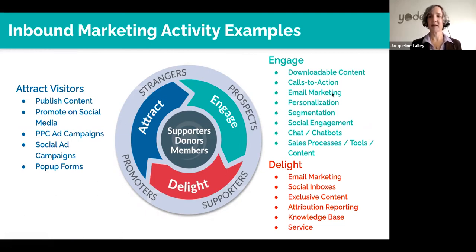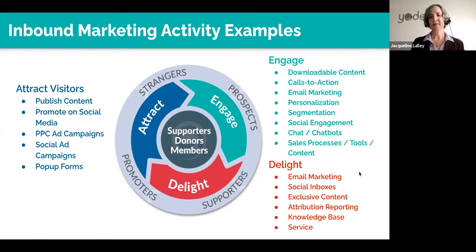And then engaging them is where we start to use things like downloadable content, calls to action, email marketing, personalization, segmentation, social engagement, having a chat or chat bot on your site, and then customizing that process of turning, when you're actually working with people that are considering attending your events or training or becoming donors, finessing those materials that you use for that.